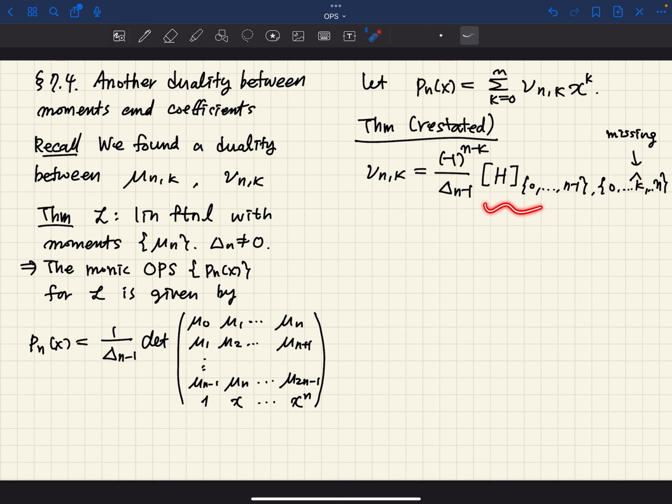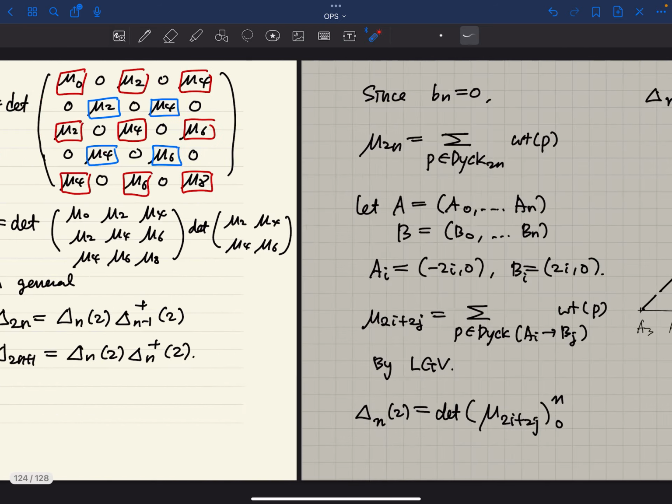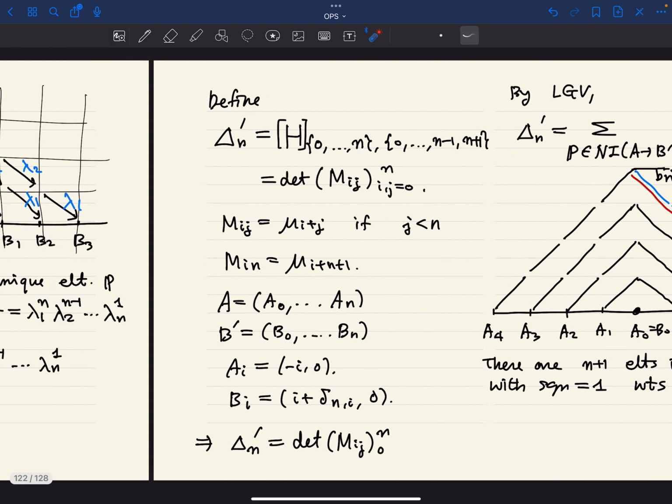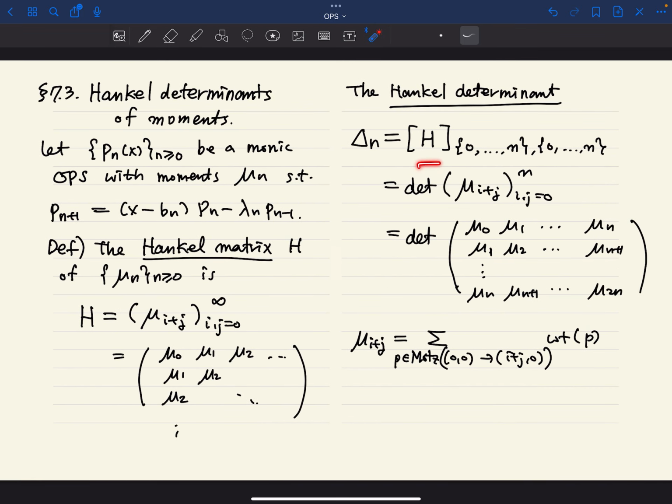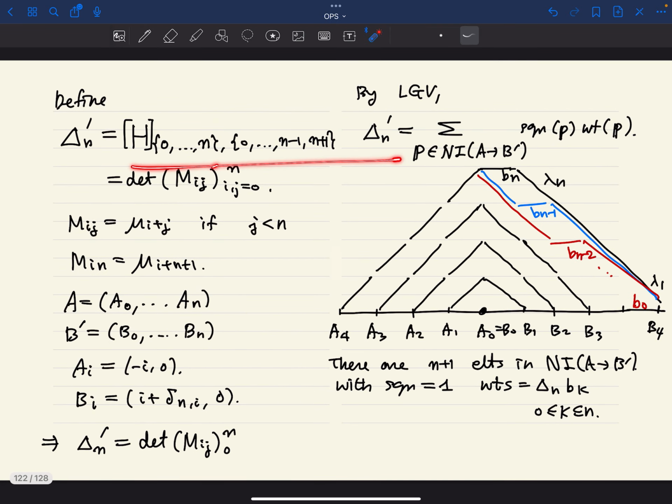Because this looks like a Hankel determinant of some indices, and if you remember, we did find Hankel determinants similar to that. For example, the simplest case: we select consecutive rows and columns from the beginning, and then we get a nice non-intersecting lattice path setup. Also we found this one, where the rows are still from 0 to n, but we removed the column n.